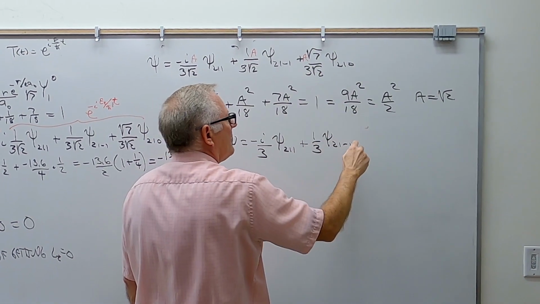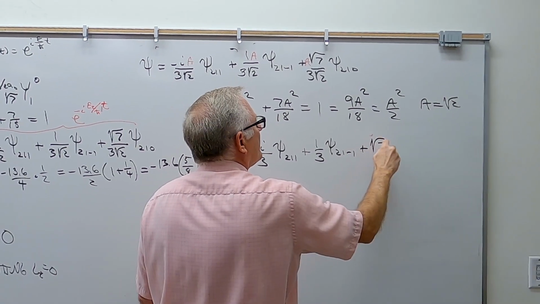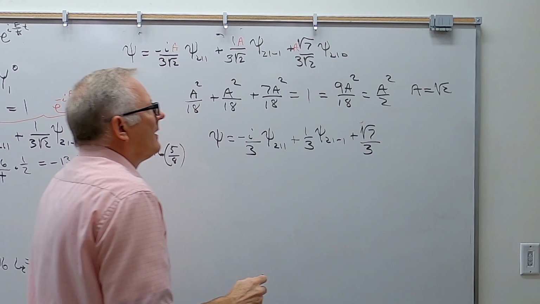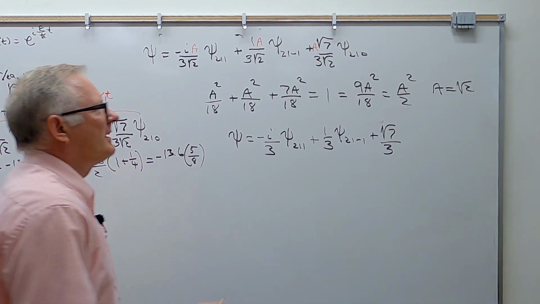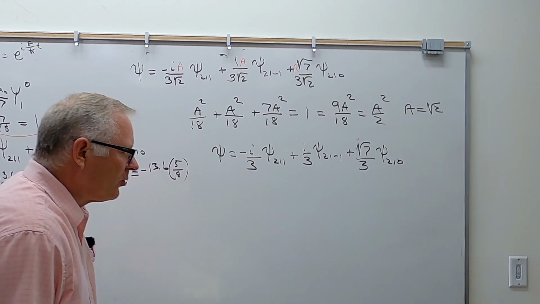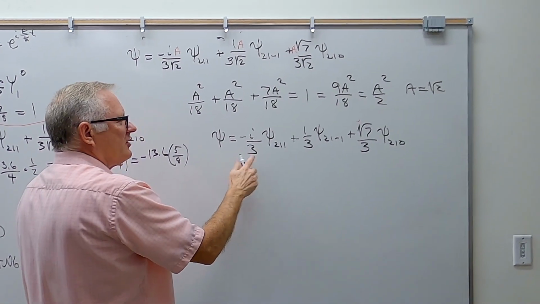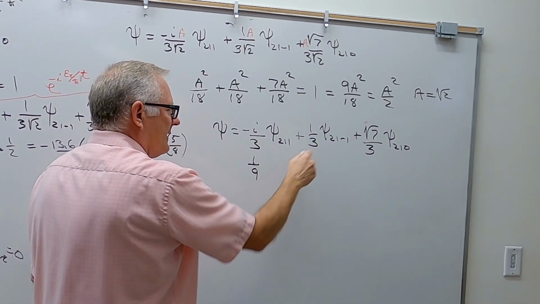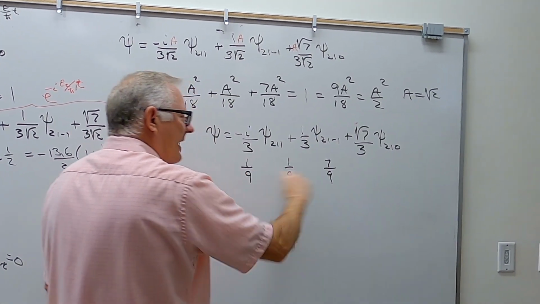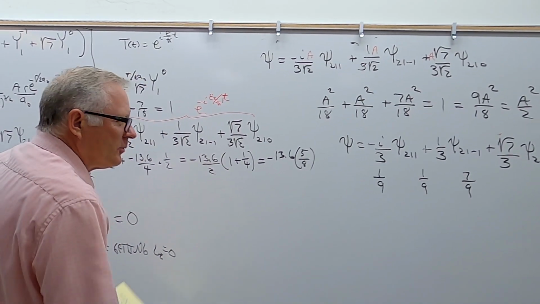And then this one we get plus the square root of 7 over 3 psi 210. Just to make sure it's normalized, this squared is 1/9, this is 1/9, and this is 7/9. Adding them together, you get 9/9, which is 1.